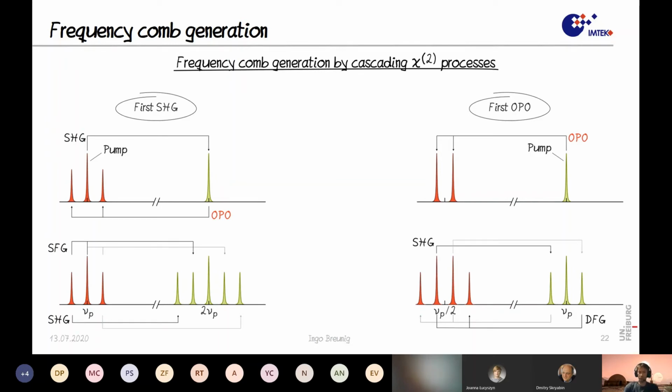And if you exceed this threshold, then second harmonic generation and difference frequency generation start to form the combs centered around the pump and, let's say, the subharmonic. So these are the two concepts that can be used. And the one that is used most of the time is the one that starts with second harmonic generation.